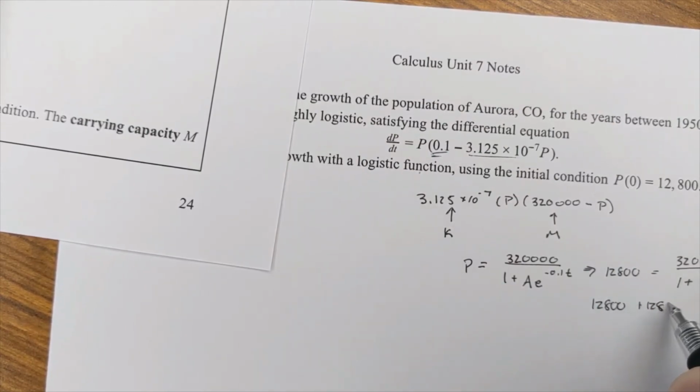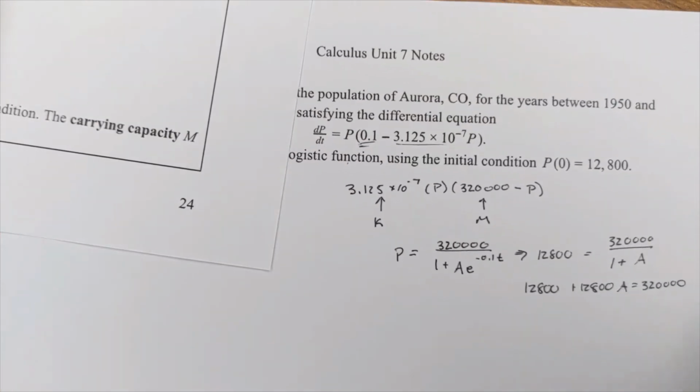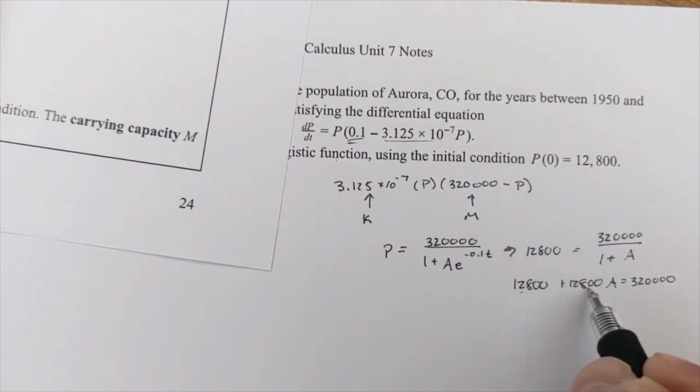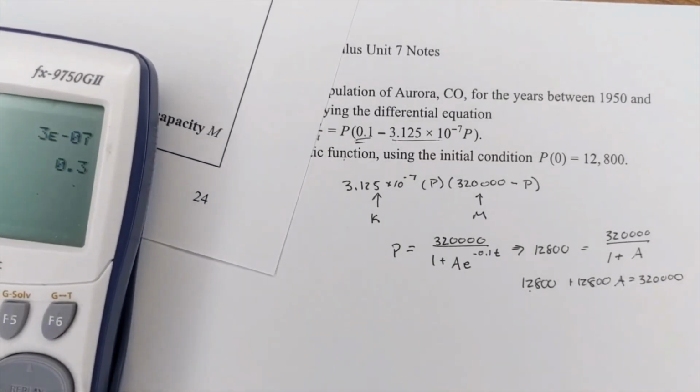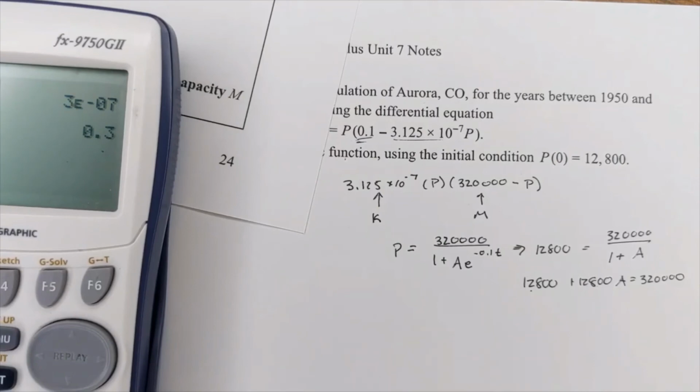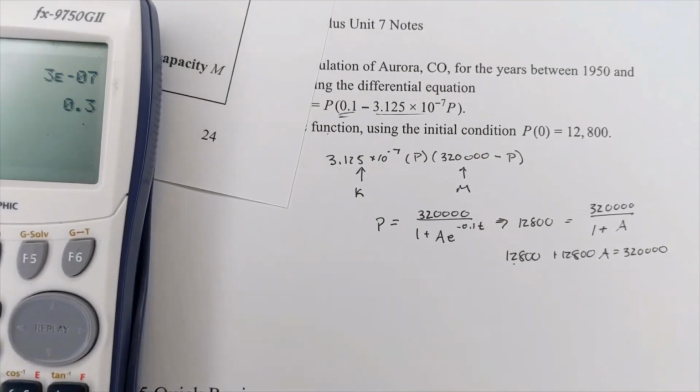So doing some cross products, 12,800 plus 12,800A equals 320,000. Subtract that across, divide by that. So let's see here. 320,000 minus 12,800 divided by 12,800.